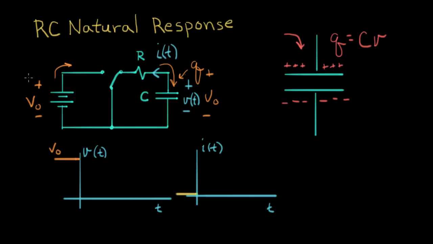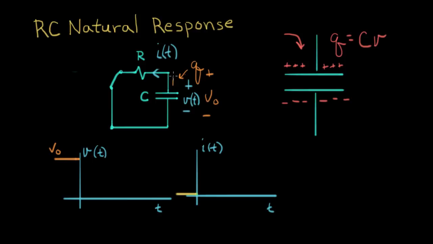And now let me clean this up. I'm going to erase the battery here. The battery's done its job for us, which was to initially put some charge on our capacitor. So we don't need this anymore. So here's our simplified circuit. And what we have here, there's a bunch of charge stored on C. And what's going to happen?